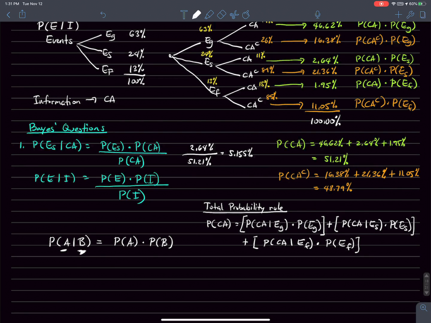So if B already occurred, they have to happen at the same time, right? And then given probability of B. So this will happen, this happened provided B already occurred. So this will be your probability space. So you can just cancel this actually, or you can rewrite it like this. You cross multiply, so this is the denominator. So what I will do is multiply it by basic algebra, probability of B. Then you multiply it by 1 over probability of B.